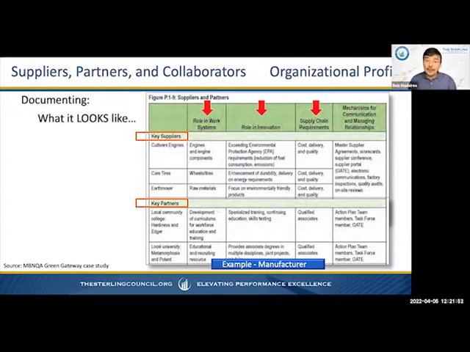Now, in manufacturing, this example, they identify community colleges and universities as partners because they're helping to provide a qualified workforce. Next, across the top, you see in this example, their role in the work system, their role in helping you with innovation, the key requirements for each of them, and finally, how they're communicated with and managed.